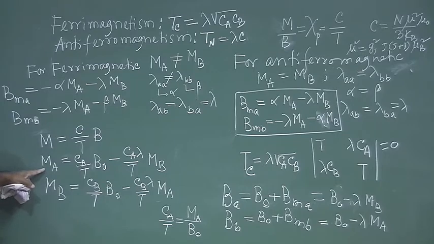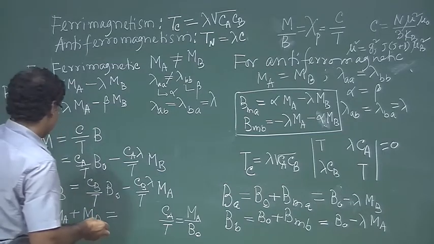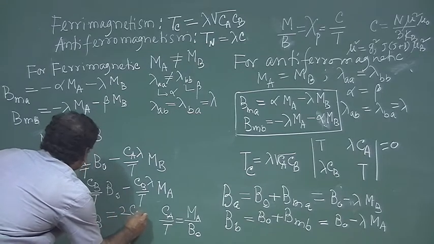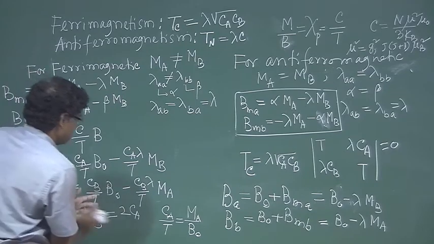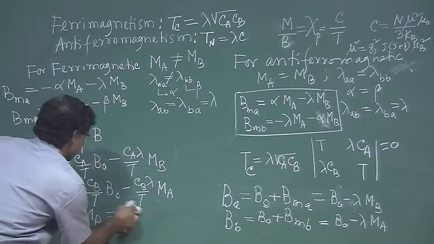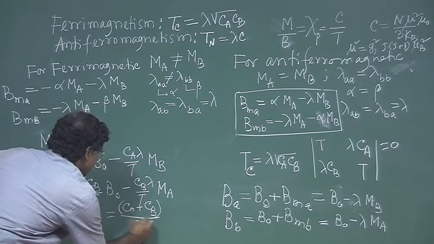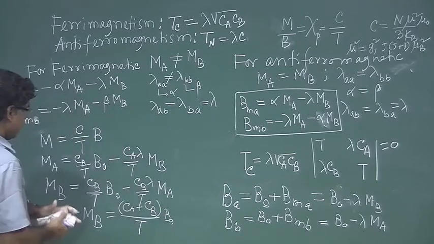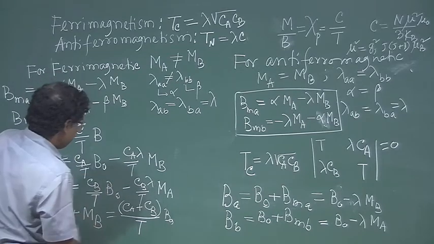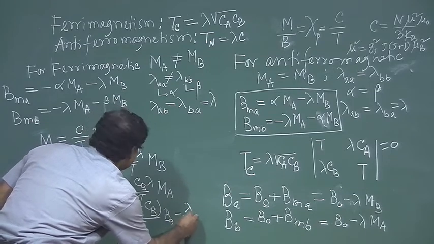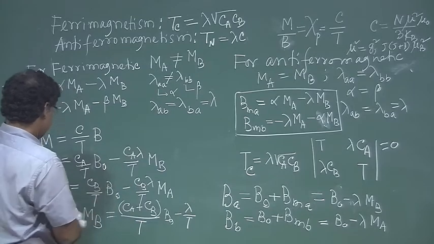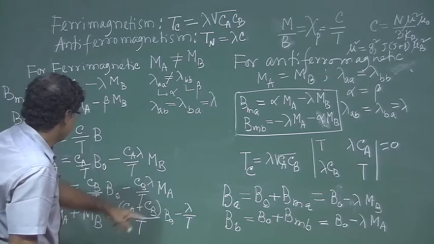From here, if we add them, you will get M_A plus M_B, that will be basically the total magnetization of the system, M, that is equal to C_A plus C_B by T times B_0, and here C_A lambda by T minus lambda by T, C_A M_B and here C_B M_A.